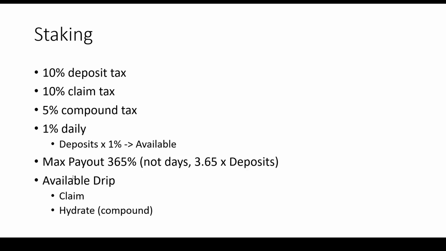And then again, the dividends come out and they come into your what's called available balance. So it's your choice. Your available Drip is yours to do with as you please. You can claim it. Remember, you'll pay a 10% tax. You can hydrate it. You'll only pay a 5% tax.